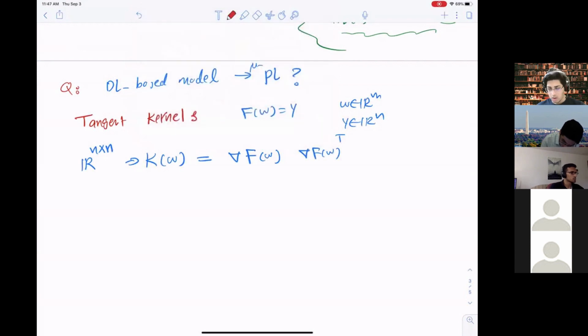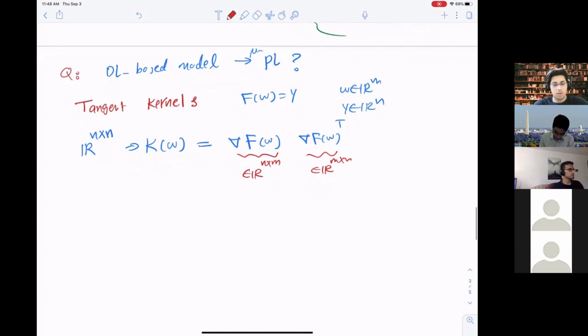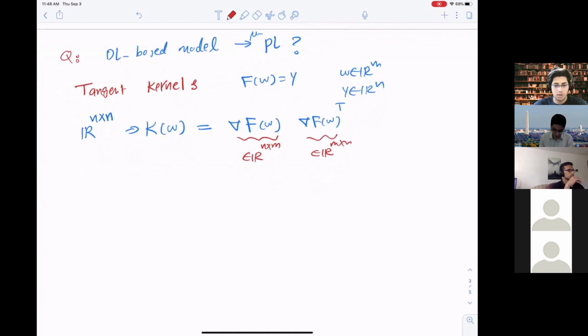This gradient is a matrix of size n by m, and the transpose is a matrix of size m by n, so altogether you get a matrix of size n by n. You give me a set of equations, I can just compute the gradient of f and multiply it with its transpose, and then I basically have my tangent kernel. All right, so why is this tangent kernel important? Because of the following lemma.